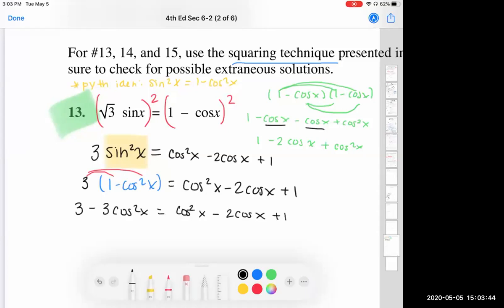All right, we have a quadratic. So let's go ahead and set it equal to 0. So that I have minus 3 plus cosine squared x plus 3 cosine squared x.